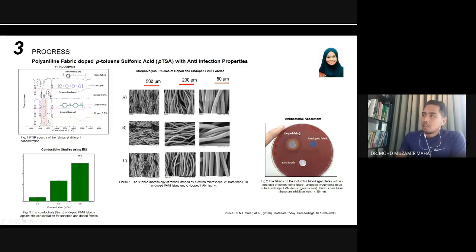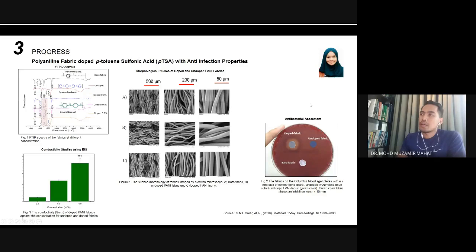Now we can observe that there is an inhibition zone formed at the outer layer of this specific sample. Amazingly, this has come out to another perspective, and we conclude that these fabrics can work as anti-infection fabric.